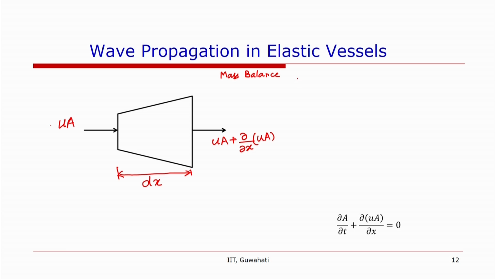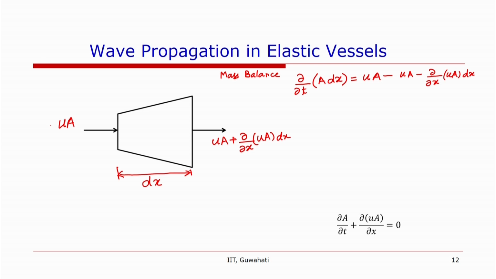So we can say that del over del T of A dx, the change in volume, is equal to UA minus UA minus del by del x UA dx.